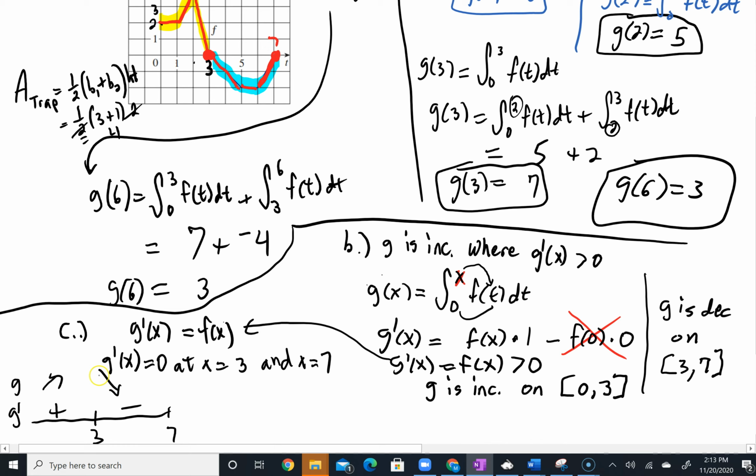That means G was decreasing. You can see that we've got a local max at x equals 3, because G prime changes from positive to negative.